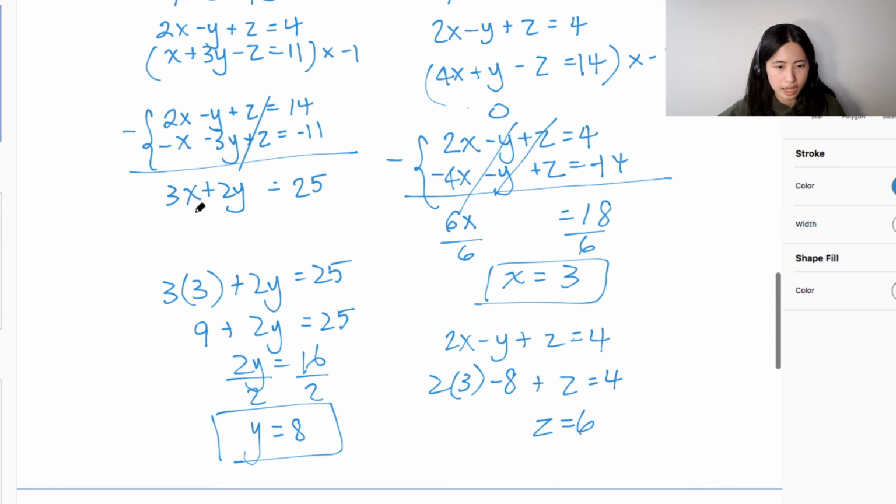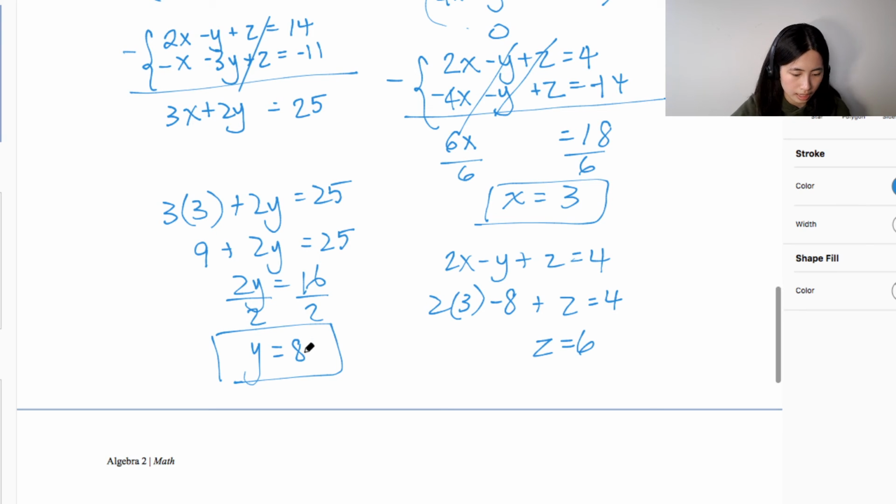So we have 3 times 3, 9 plus 2y is equal to 25. So we have 25 minus 9, that's equal to 16 divided by 2, that's 8. Okay, as you can see, basically we have this, and 2 times 3, that's 6, minus 8, negative 2, then you have, yeah, it's 6.